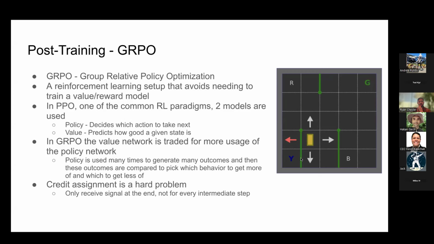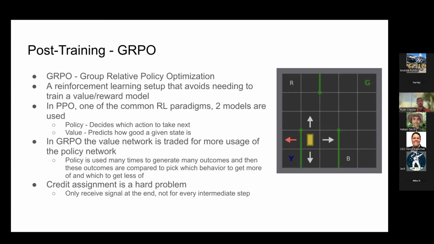And if there's other things here, you say, okay, I really don't want you to run into a wall. And so that's kind of the function of the value network, looking at those and deriving what's a good state to be in.